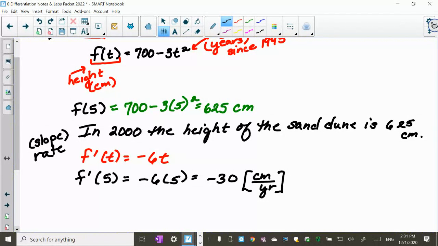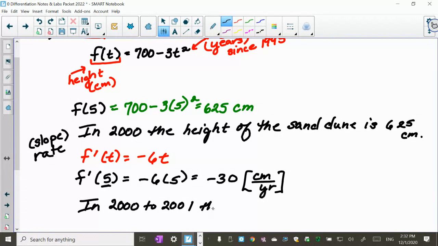And in this case, it's still the year 2000. So it's telling you something different. It's not telling you the height. It's telling you in 2000, basically, you're saying in 2000 to 2001, because it's 1 year, that's centimeters per year.